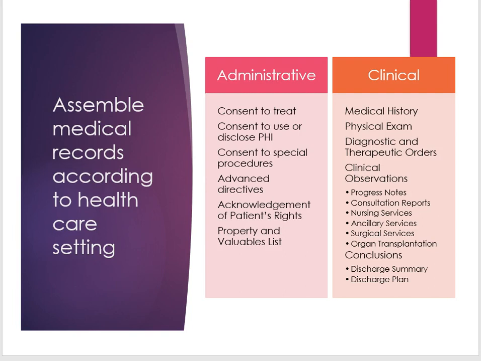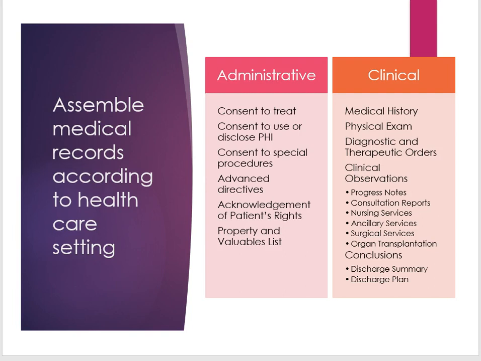So it's kind of like an itemized list of the patient's problems from past to present. And then the last type is integrated, and the easiest way to remember this type is that it's organized in chronological or date order.